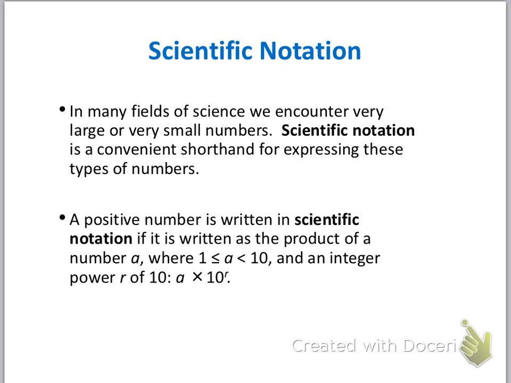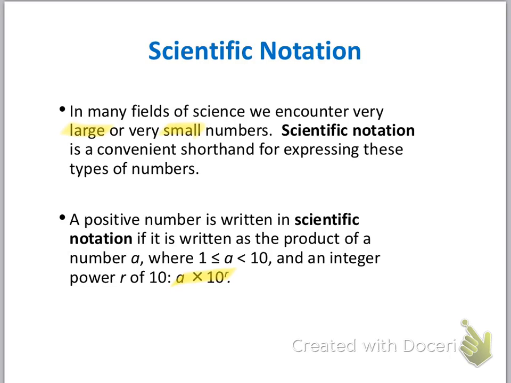So, scientific notation is something very often used in science to help make it easier to express extremely large or extremely small numbers. And it is written in the form of a number times 10 to a power.